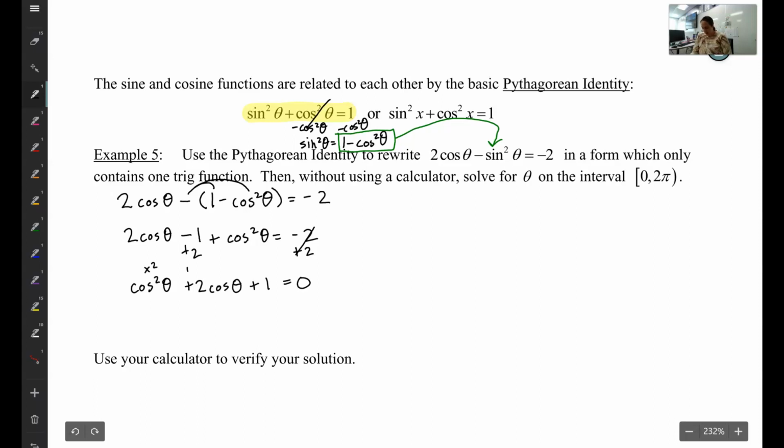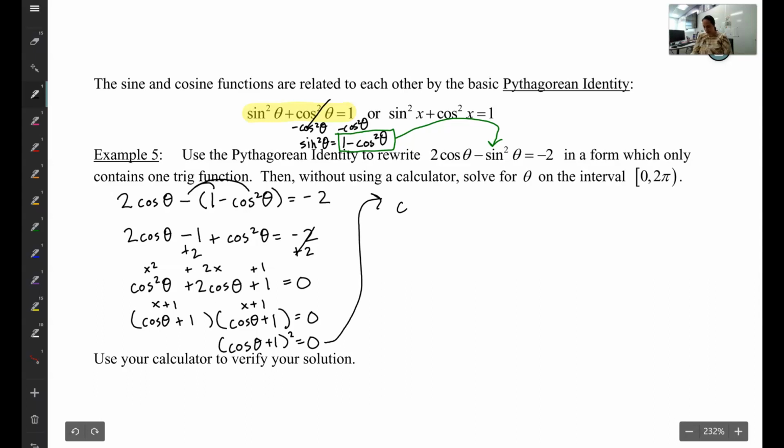Now think of this like x squared plus 2x plus 1, and then think of factoring it. So this would factor as (x plus 1)(x plus 1). So we would factor it as (cosine of theta plus 1)(cosine of theta plus 1), or cosine of theta plus 1 squared.